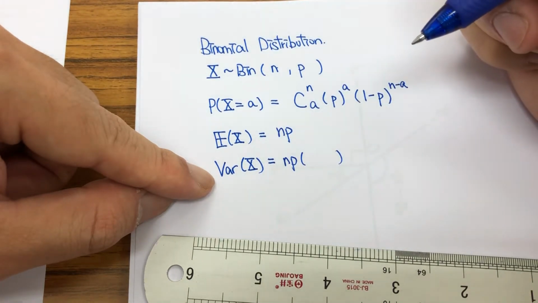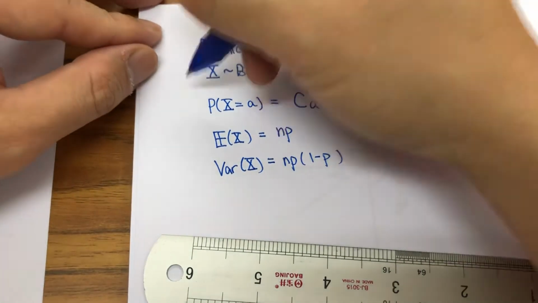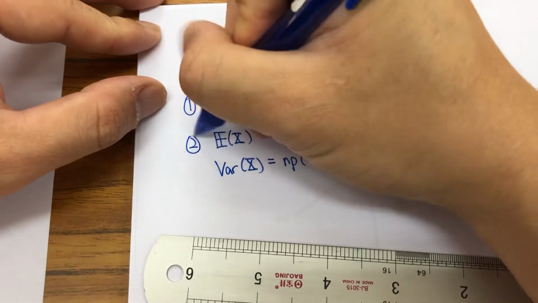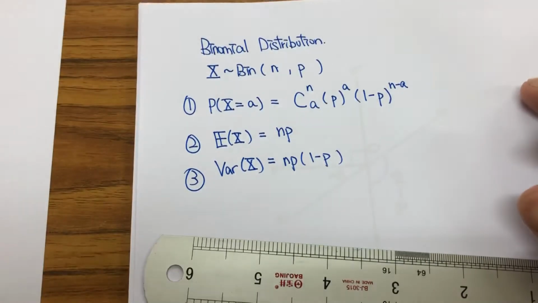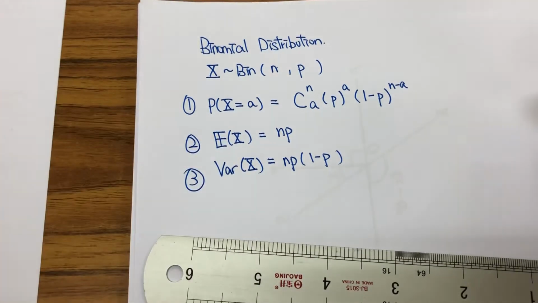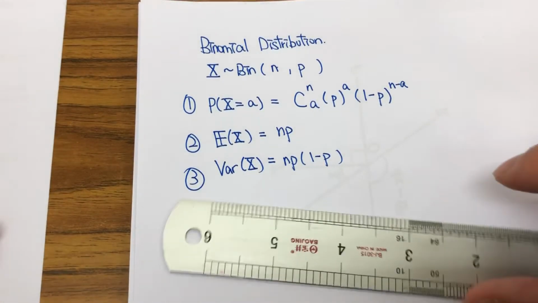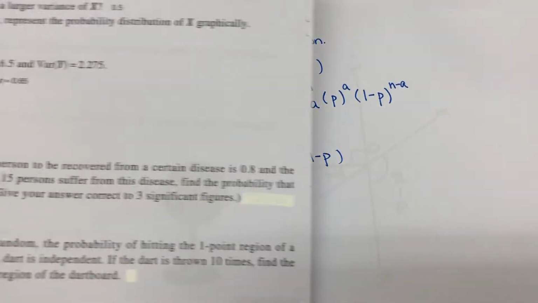Guess what? 1 minus p. Yes, that's right. So there are three things that we need to know about a binomial distribution. Today we'll be looking at some more questions. You need to have some more demonstrations, so we're going to use the questions from the book.